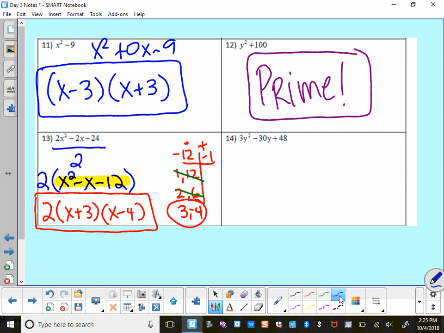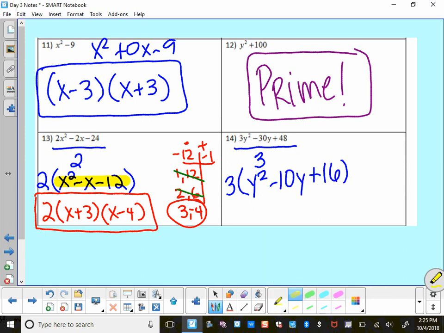What did you guys get for this? Please tell me you took the GCF first, right? Okay, so your GCF is what? 3. To take out my GCF, I have y squared minus 10y plus 16.